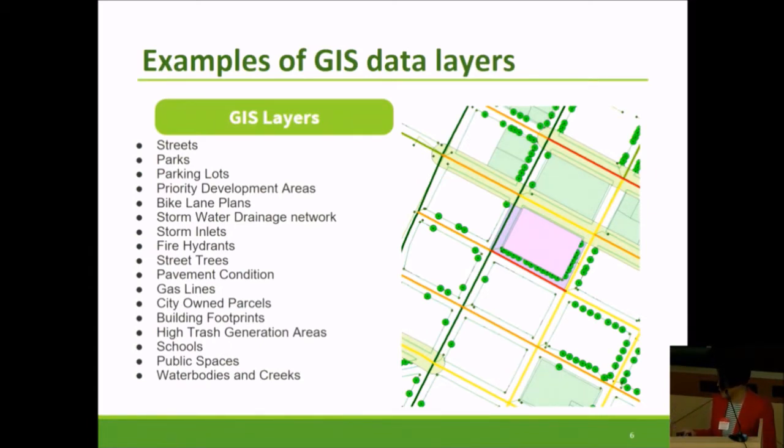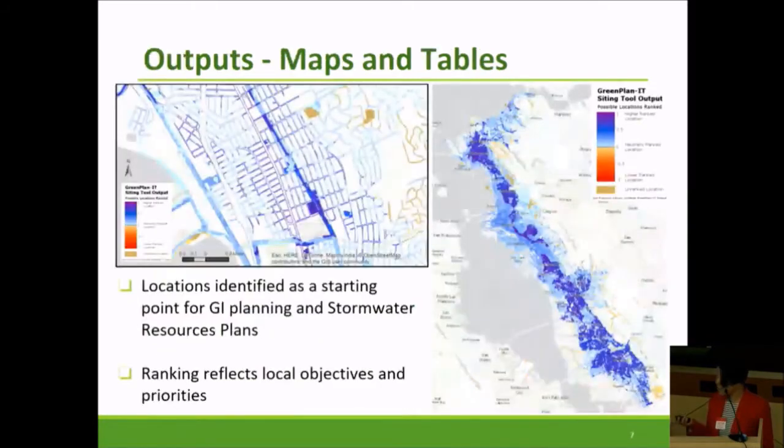The output from this tool is a list of maps showing the potential locations for different green structures. So you can do large-scale regional analysis. This is what we call the East Bay Corridor in the Bay Area, which spans over 10 cities. It's a very large scale. You can see a pretty coarse analysis showing the potential places, all these blue places where you can put bioretention.